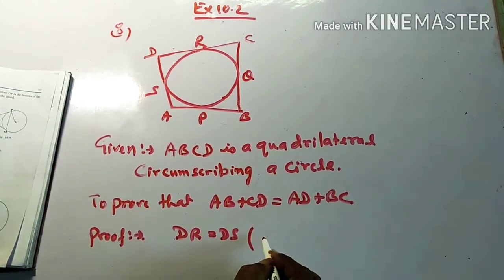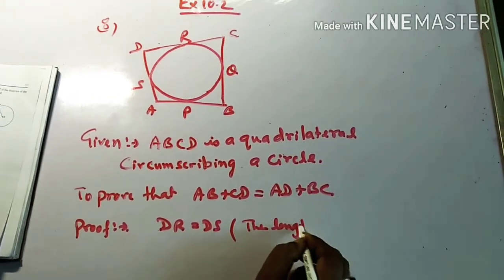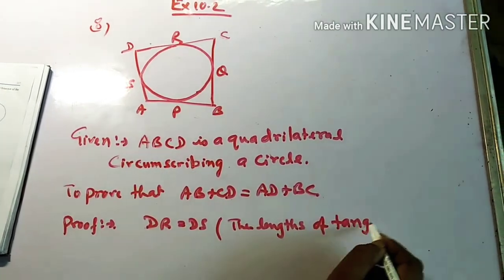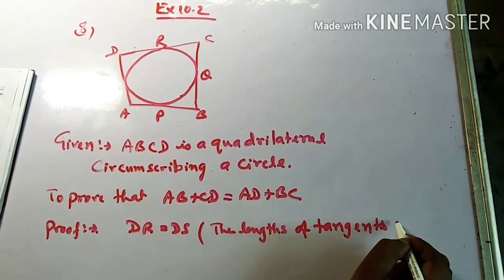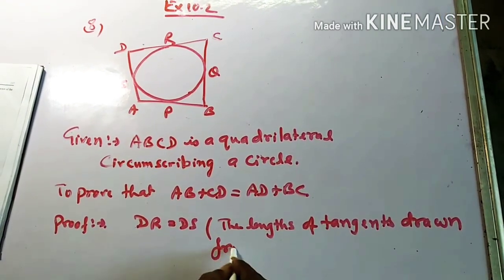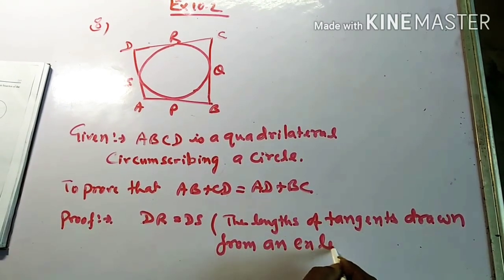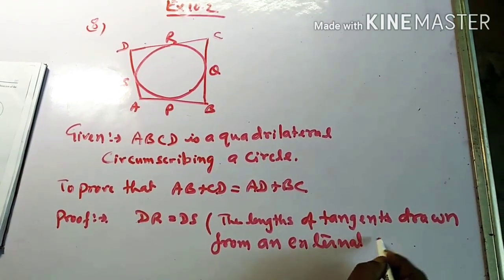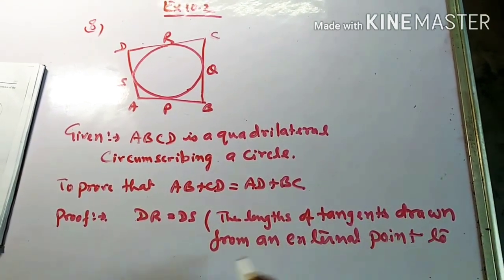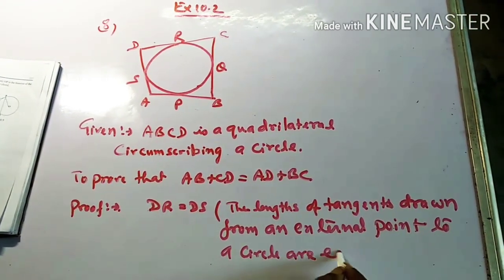It is from theorem 10.2: the lengths of tangents drawn from an external point to a circle are equal.